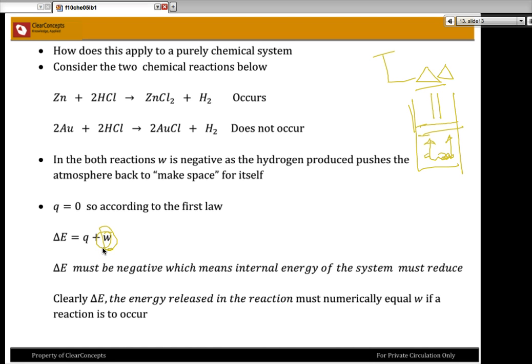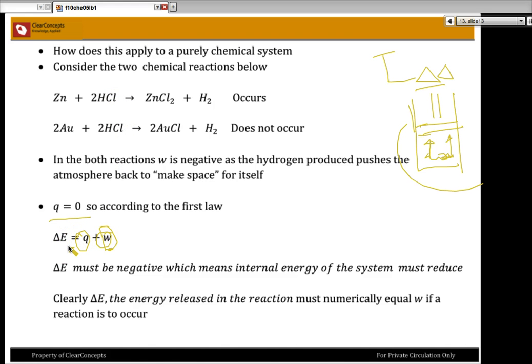Now, there is no heat being added to the system. Look at the system: there are no burners anywhere. So Q is 0. Now, if you apply the first law to both these chemical systems, then delta E has to be negative.